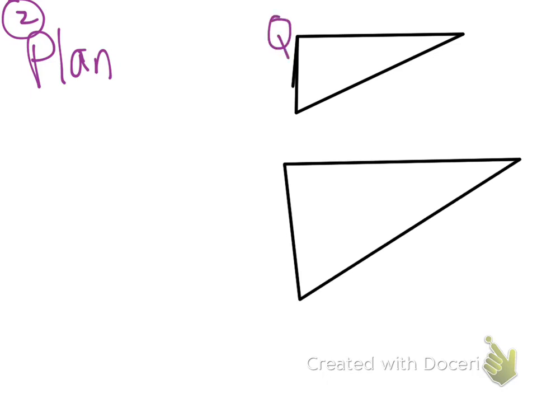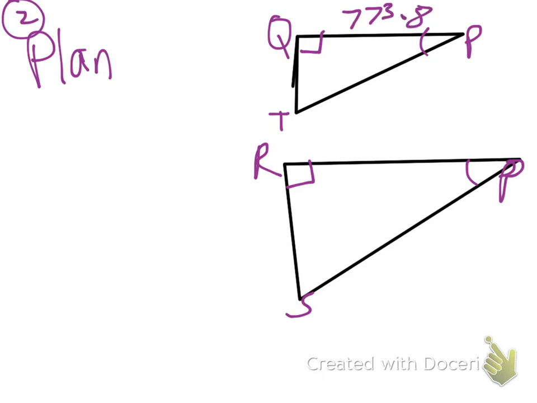So if I have QT and P, PS and R, I know these are congruent angles. I know that angle Q and angle R are each right angles. QP I know is 773.8 feet. RP I can add up QR and QP and get 1,806.5 feet.